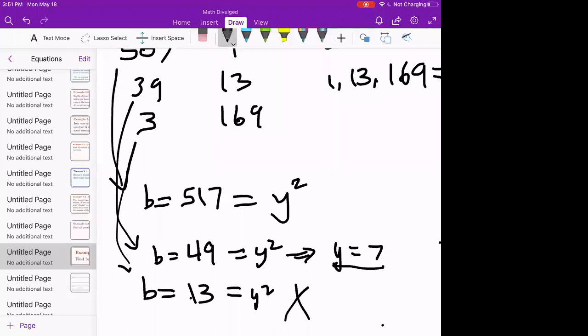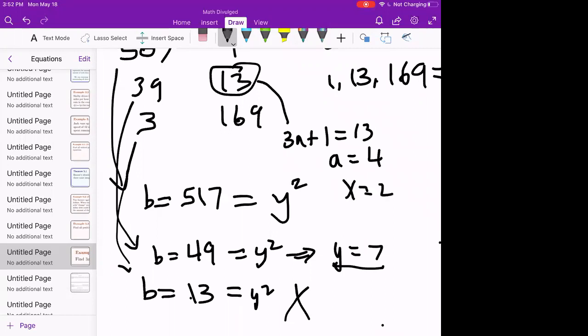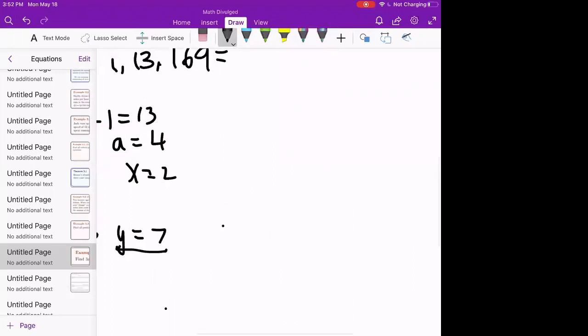The value of 3a plus 1 that worked was 13, so a is equal to 4. And since a is equal to x squared, x is equal to 2. So our final solution is x, y equal to 2, 7.